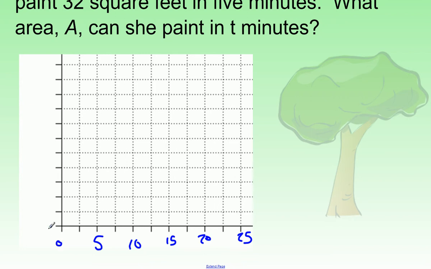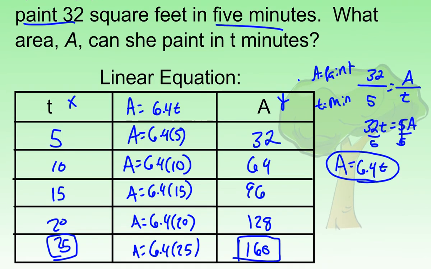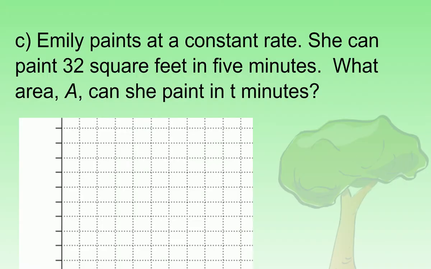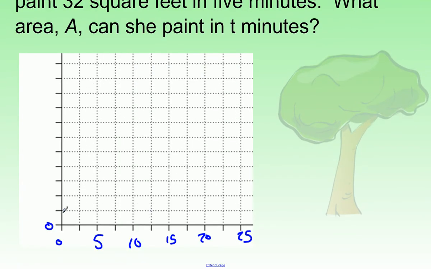There's 0, 0. And then I wanted to go up to, what was it, 160. 1, 2, 3, 4, 5, 6, 7, 8, 9, 10, 11. So 10s won't work, but anything slightly bigger than 10 probably will. How about 15s?